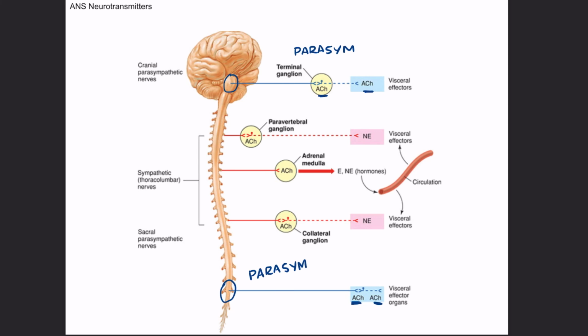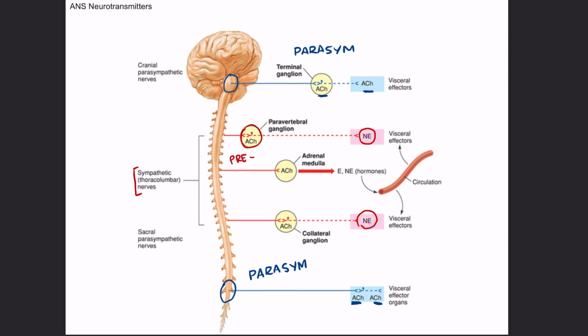The red ones are our sympathetic nerves, the sympathetic division, found in the thoracolumbar division. The preganglionic neurons are short. They release acetylcholine, just like everything else, cholinergic. The postganglionic neurons are longer, and they secrete norepinephrine.